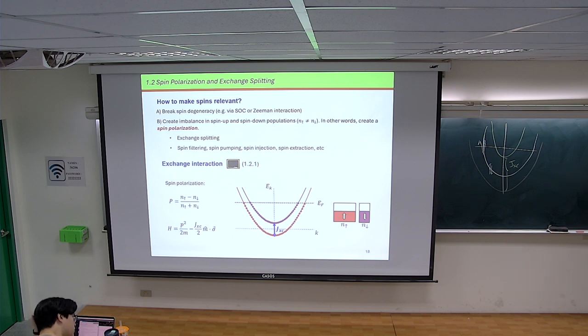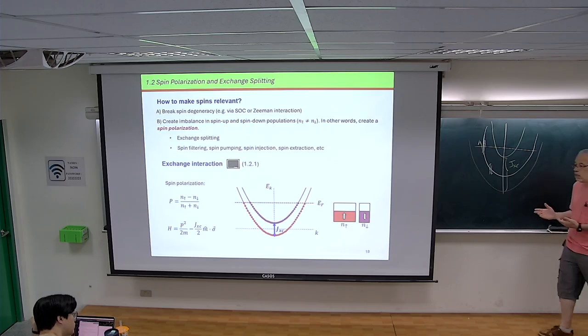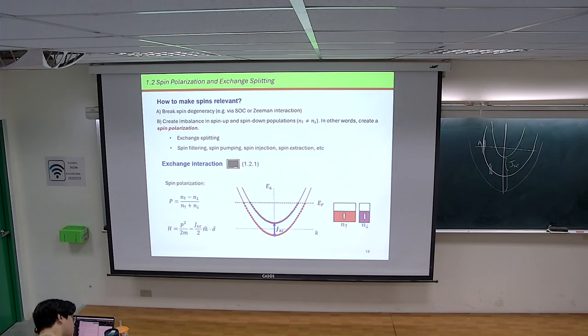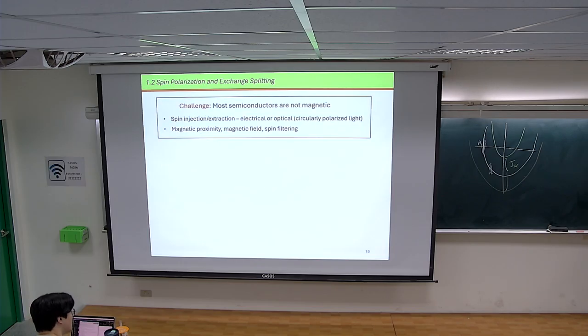Okay. Now this is very nice for ferromagnets or magnetic materials because this is already in there, but it is a challenge in semiconductors. We know that semiconductors are very good for electronics because you can make them very clean, very nice, but most of them are non-magnetic. So how do we then create this spin polarization in semiconductors? There are different ways of doing that.